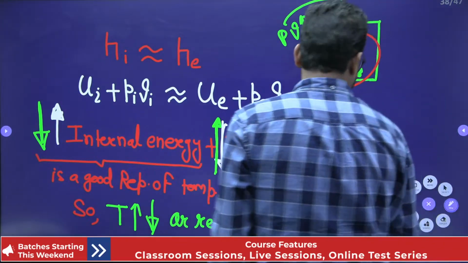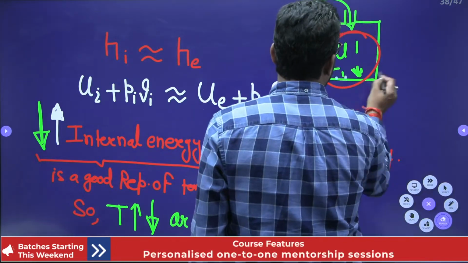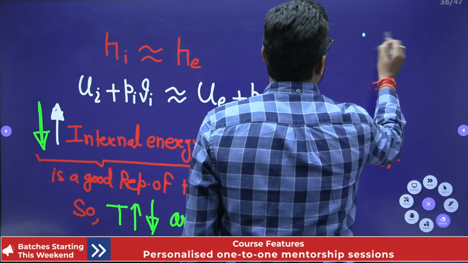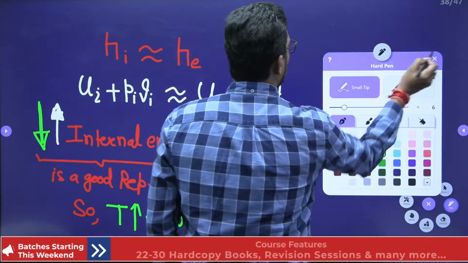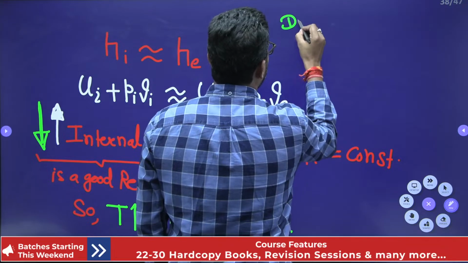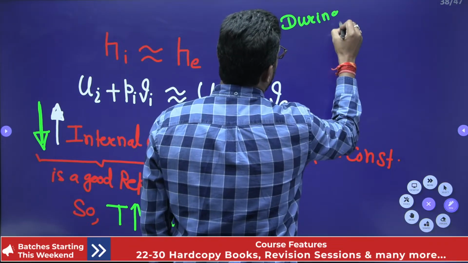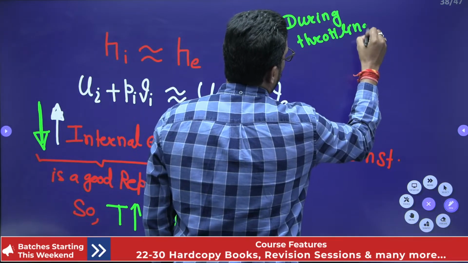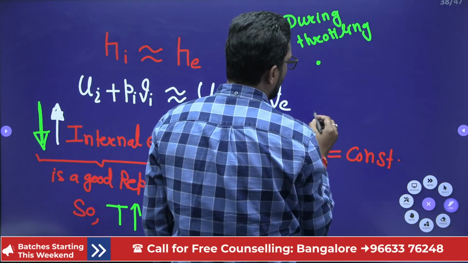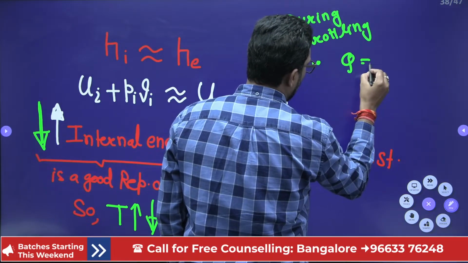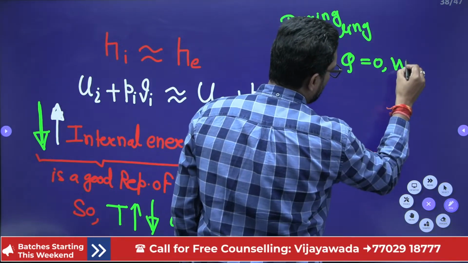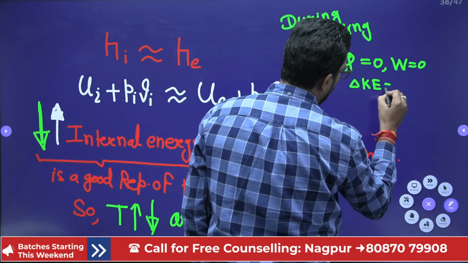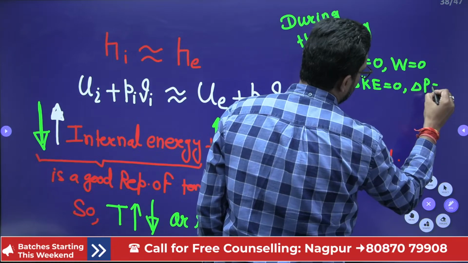That means we can say, beta, during the throttling, Q is equal to 0, work is equal to 0, change in kinetic energy is 0, change in potential energy is 0.